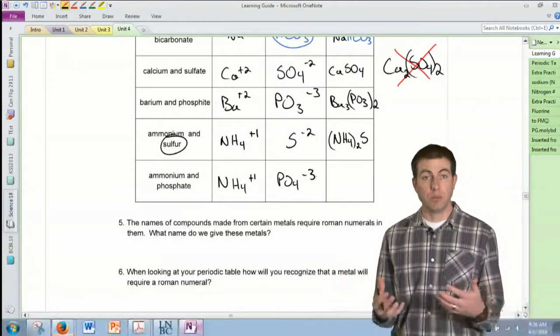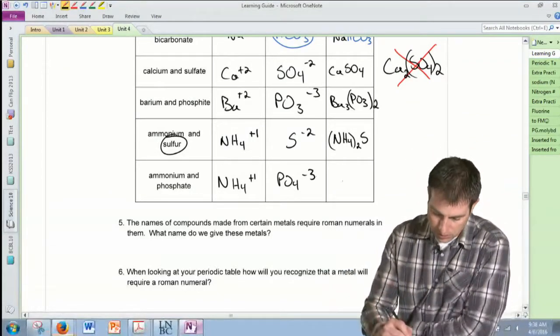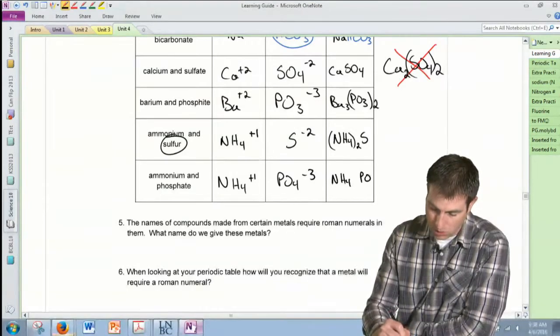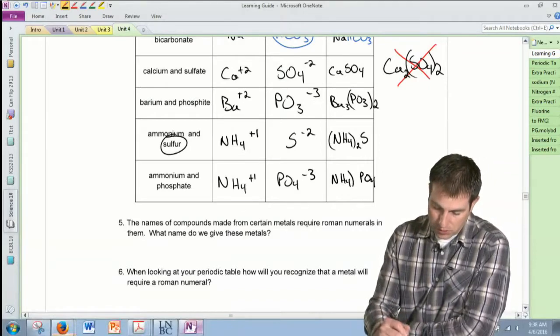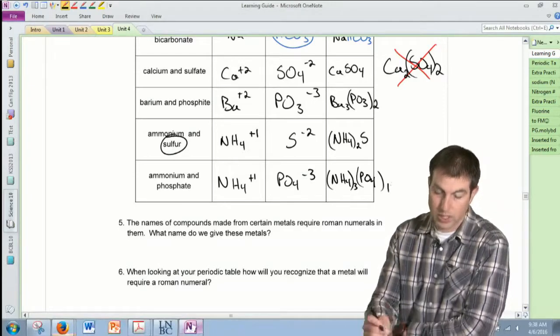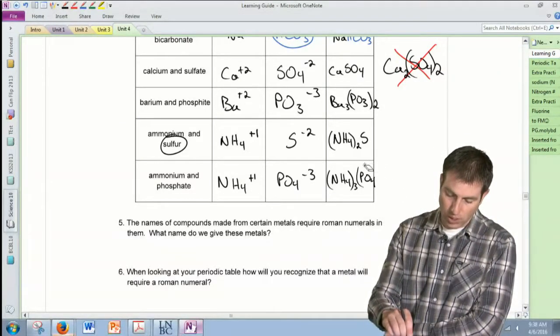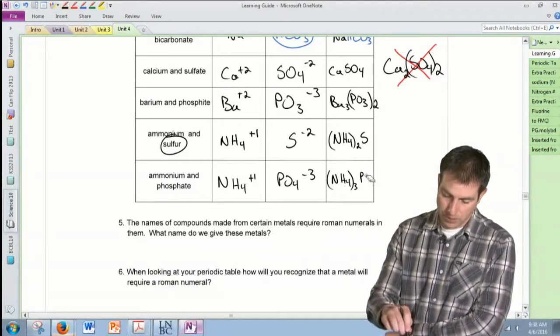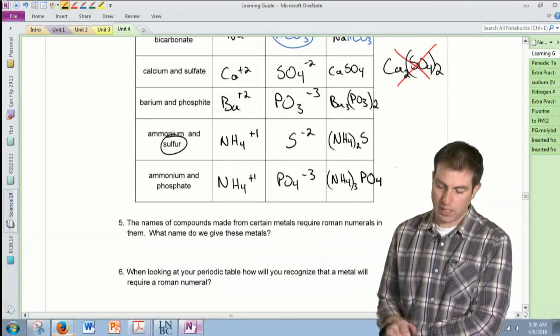So we can have 2 polyatomic ions combined together, which is interesting. So we have NH4, we have PO4, and if I crisscross my charges, the 3 from the PO4 comes down here, and then I'd have a 1 here, but I don't need to put in the brackets for a 1. If it's just one group, I don't have to indicate that.